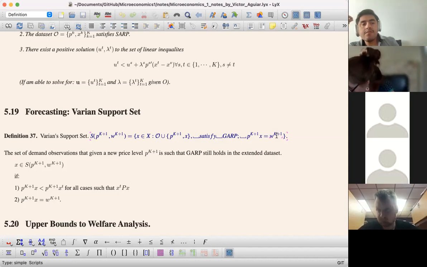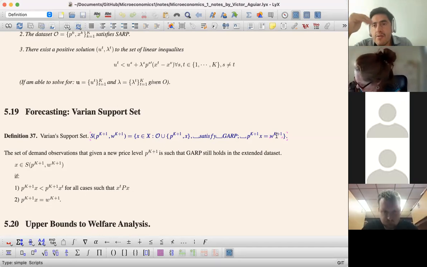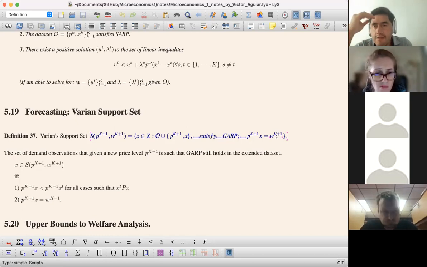So in other words, this additional condition ensures that, given a real preference relation that satisfies GARP, conditions 1 and 2 are enough to characterize the whole set, right? And this set is called the variance supporting set. So this is predicting the set of all alternatives that are compatible with utility maximization, conditional on the data being the original calligraphic O, okay?